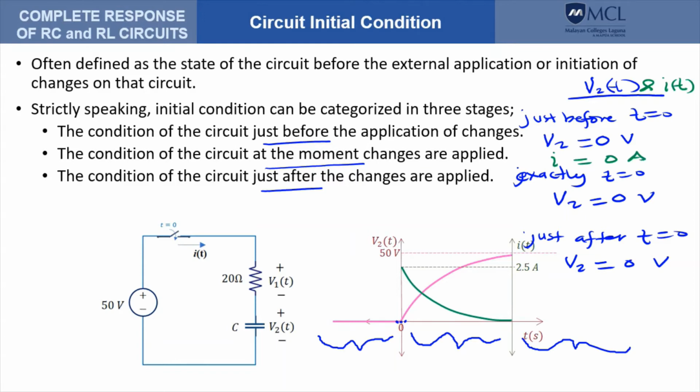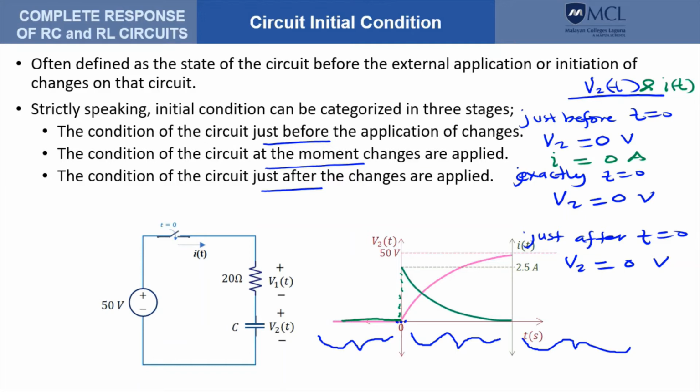Then exactly at t equals 0, take note the current here is 0, it's not shown, and then it jumps at t equals 0 to 2.5 amperes.